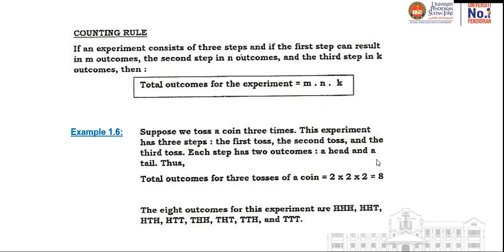You can see that 2 times 2 times 2 equals 8. However many trials there are, it should be fine as long as you multiply the total possible outcomes.